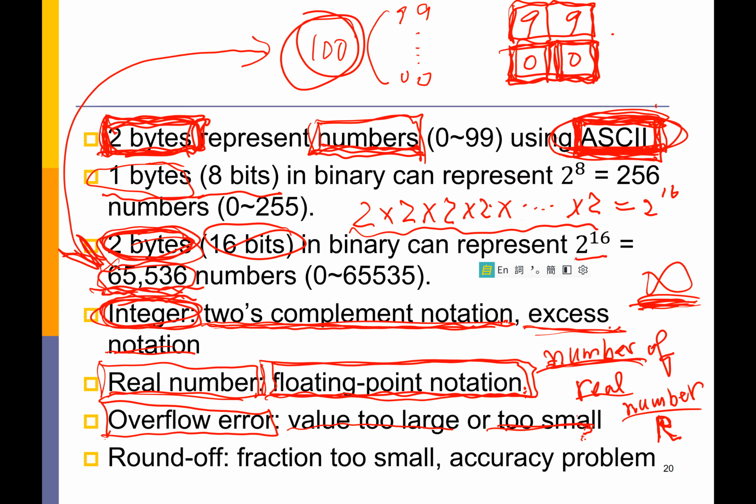The second error is called roundoff error, because the fraction is too small, and it will cause accuracy problems. In fact, the more computation you do, and the more you keep computing on the original data, the worse the accuracy becomes.